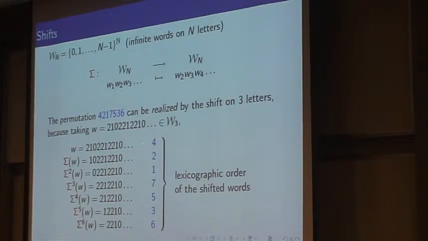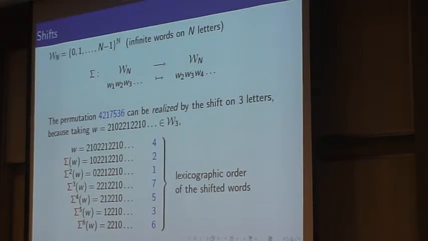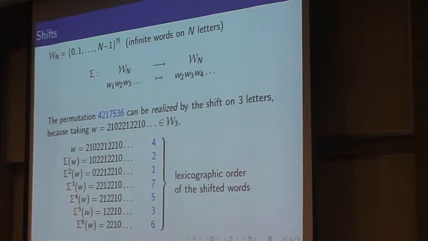So then we say that this permutation 4217536 can be realized by using the shift on 3 letters. 3 letters just means this word only has 3 symbols: 0, 1, and 2. It's easy to see that if you limit the number of letters, then you won't be able to realize every permutation.